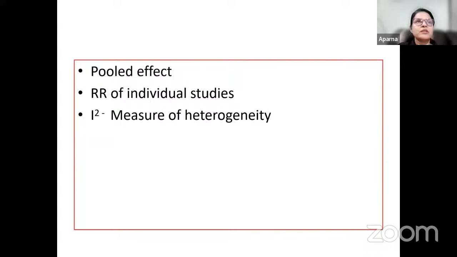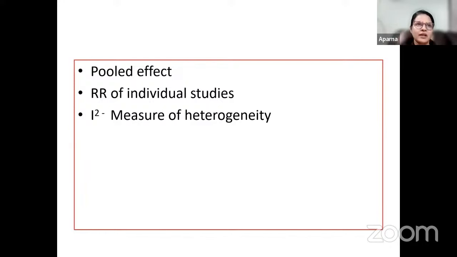Why this is important is we should be careful that we don't combine very heterogeneous studies or very heterogeneous populations. If you end up combining a group of apples and oranges and grapes, and then you try to make an interpretation from the whole population, we may be making some interpretation which is not relevant to these populations individually.